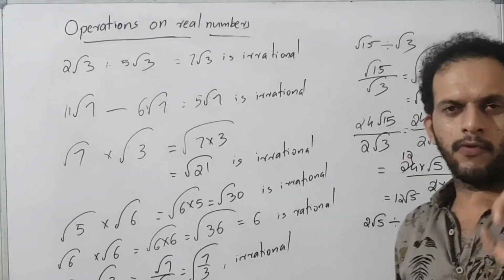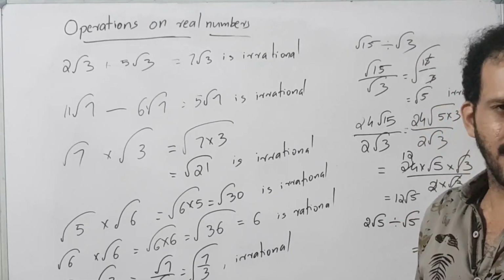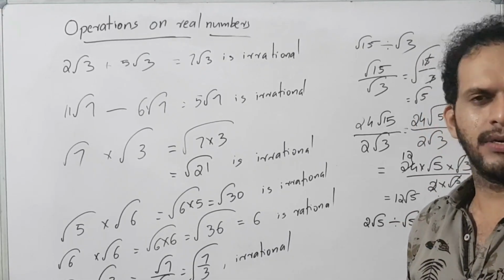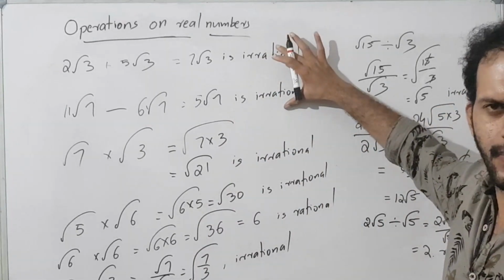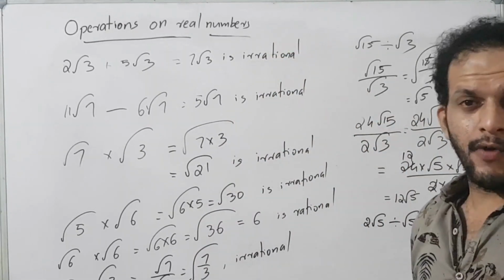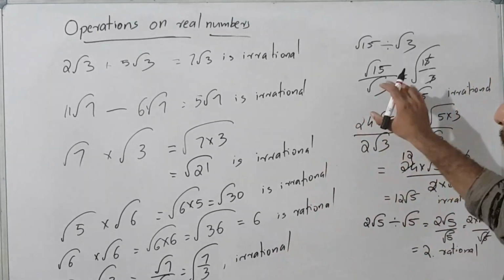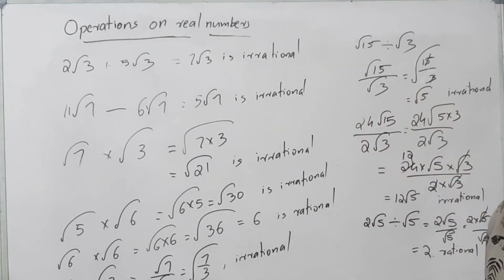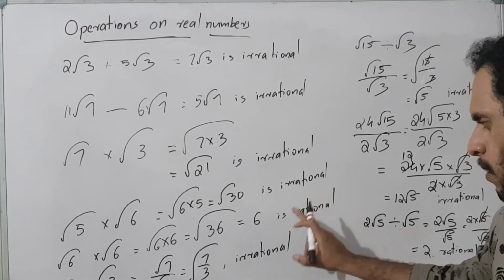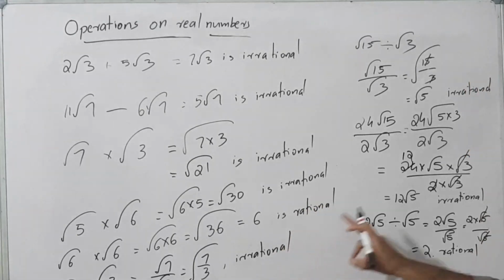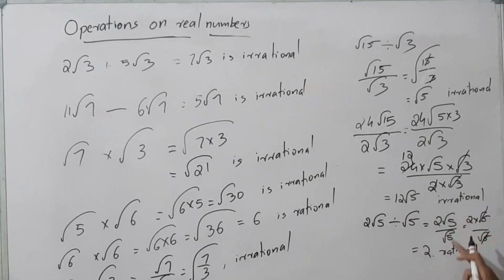If we add or subtract two irrational numbers, the result is always irrational. If we multiply or divide two irrational numbers, then the result may be rational or irrational. In some cases it is irrational, in some cases it is rational.